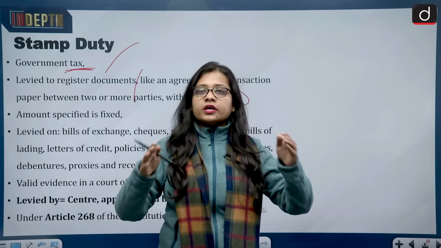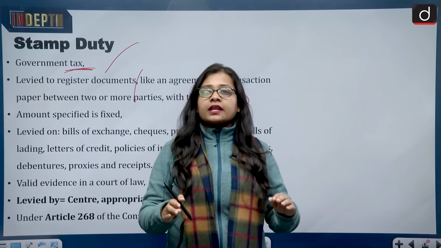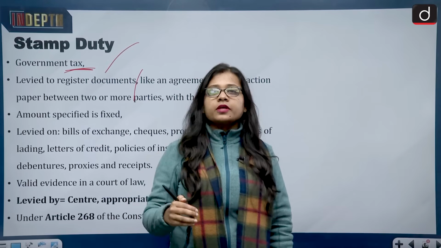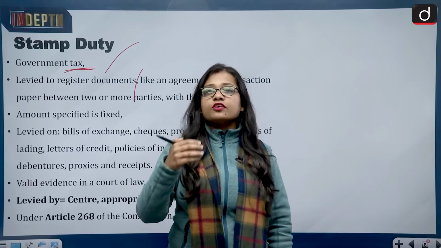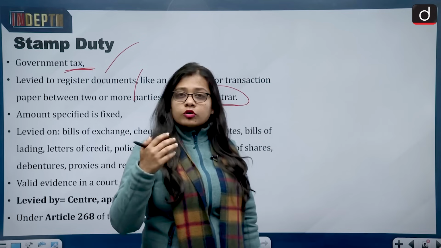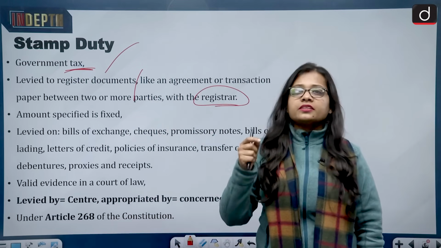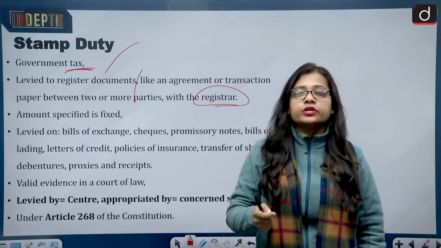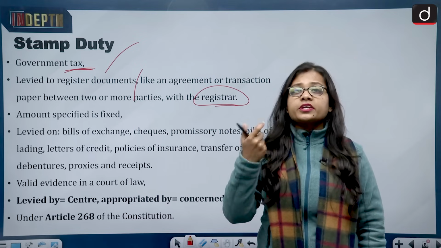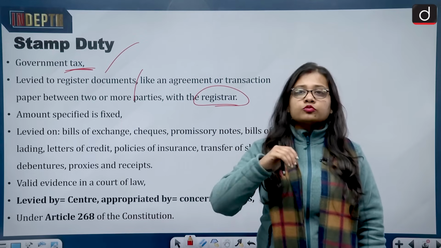Now how will they do it? They will go to the registrar office to register the land. When they register the land, there are certain papers that you need to sign. And in that process there is a tax which a person has to pay, and that is the stamp duty.